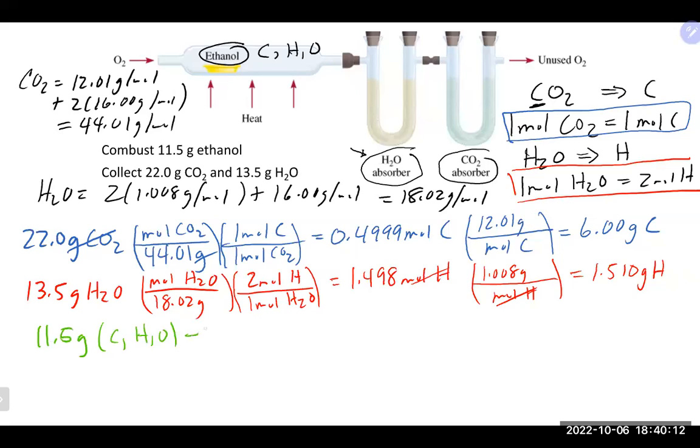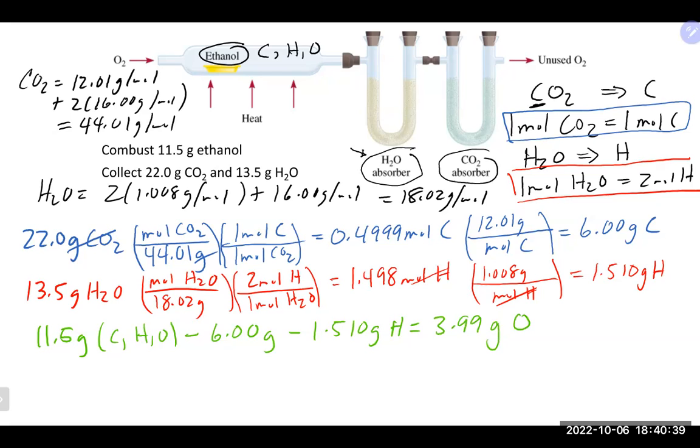If I subtract the mass of the carbon and the mass of the hydrogen, that will tell me how much oxygen was in the original sample, which in this case is about 3.99 grams. Any questions on that?